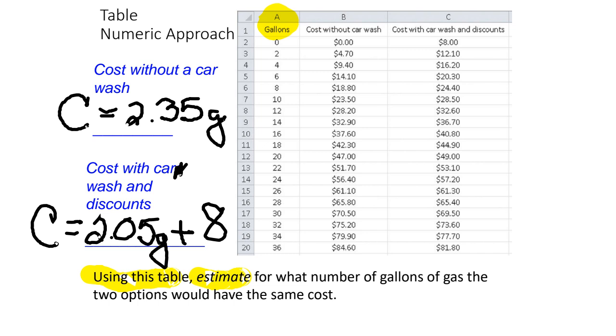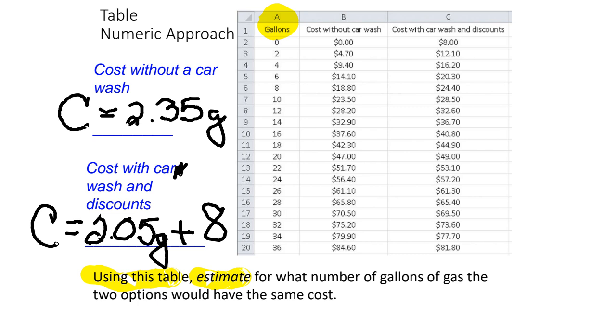And you want to look, where are the 2 rows where column B and C are closest together? Well, if you look at row 1, we have $0 and we have $8. Well, they're $8 apart. Can I get as close together as possible?